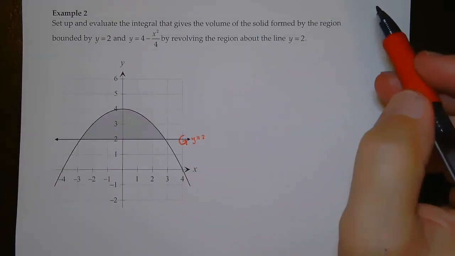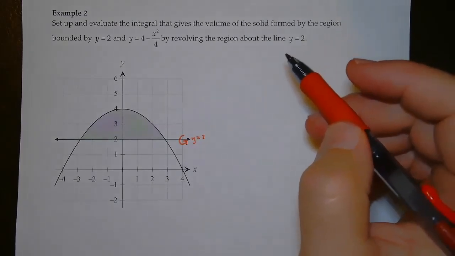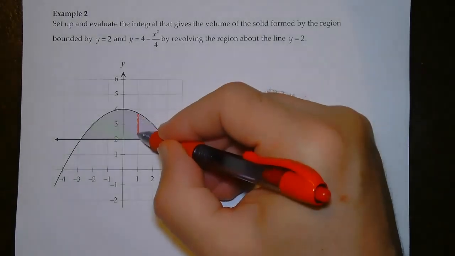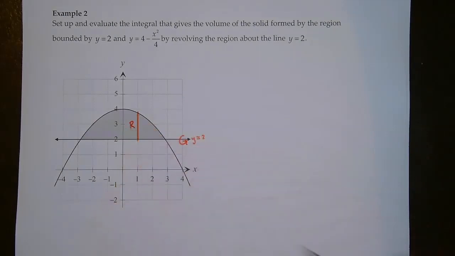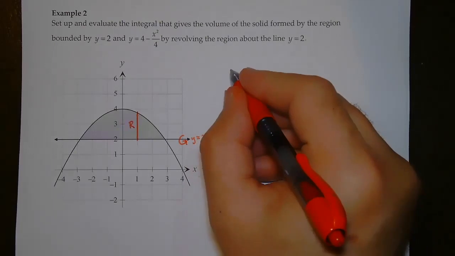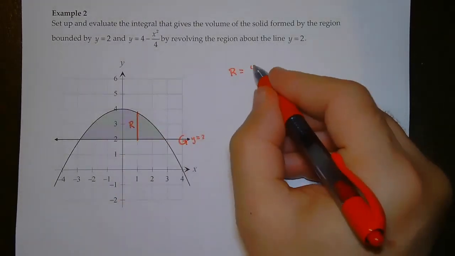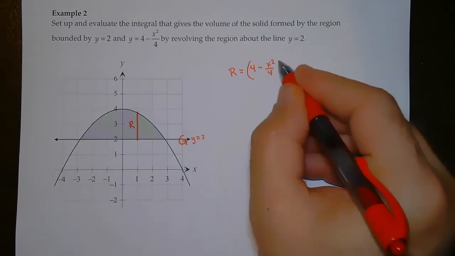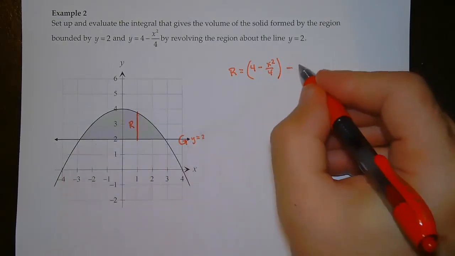Now, what have I said? You will always want to draw the radius perpendicular from the axis you're rotating to the curve. So that would be this line right here, and this is my R. Now, what is R? My R is going to wind up being this top curve, which is 4 minus x squared over 4, and then minus this, which is minus 2.